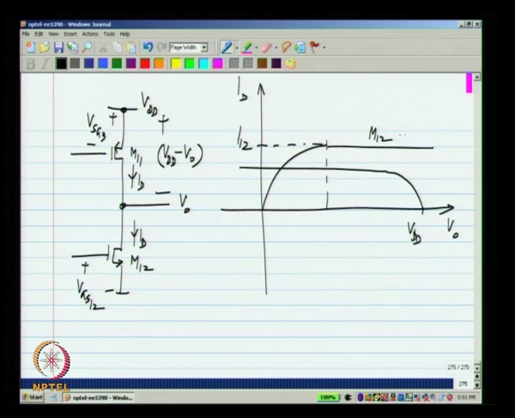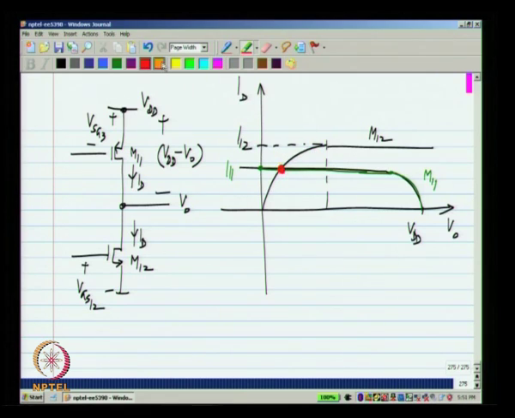This is for M12. Maybe I can show this in a different color, and this is for M11, and that is I11. Now, what will be the value of V naught? It will be the point of intersection. You can clearly see that if I11 is smaller than I12, then M12 will go into triode region.